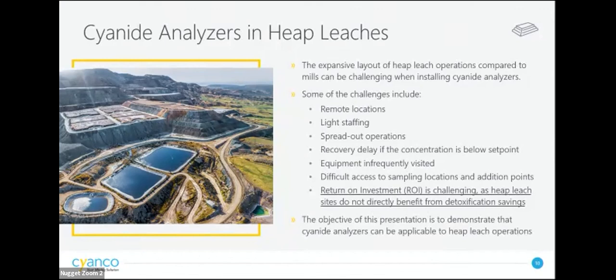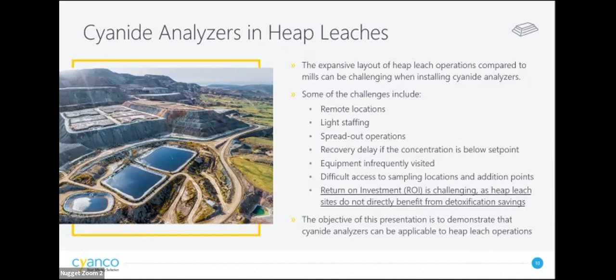Like I said, heap leach operations do not benefit from detoxification, but they have a big advantage over the mills because most of the time they do not require a filtration system, which is most often a main concern for the mills.